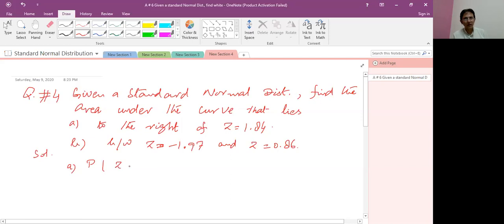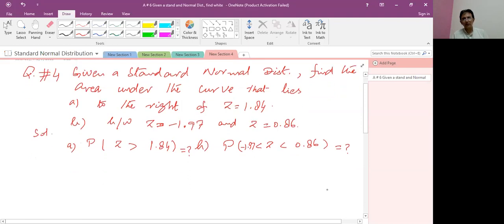To the right means z is greater than this value, and part B says that z is greater than minus 1.97 and z is less than 0.86. This is called the between condition. Find the value. It means find the area under the normal curve.